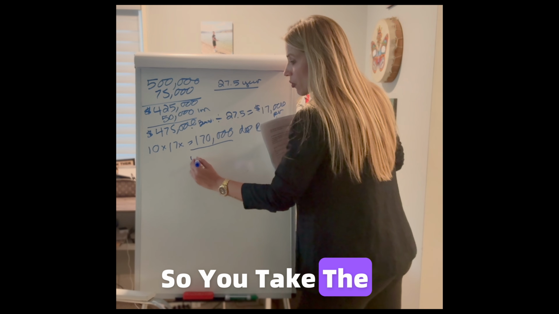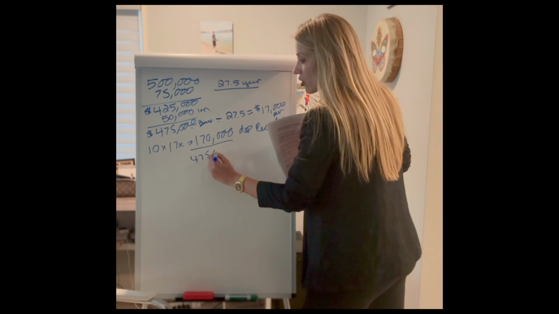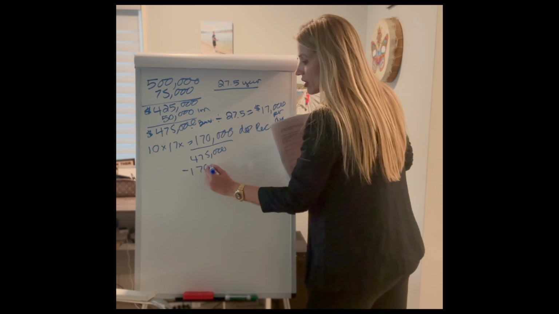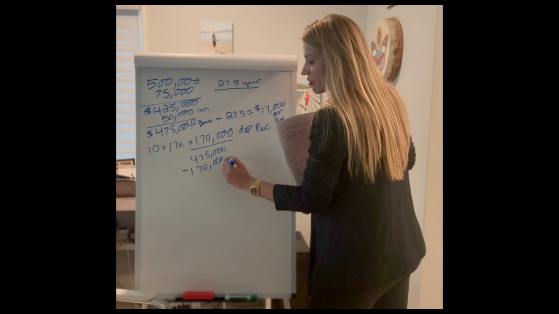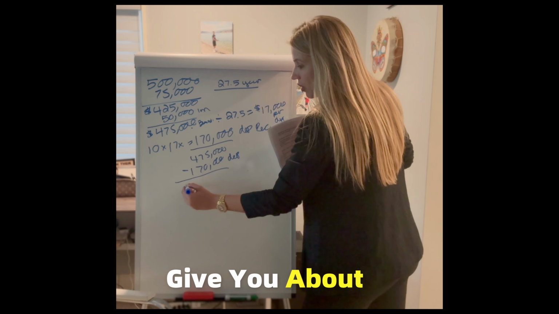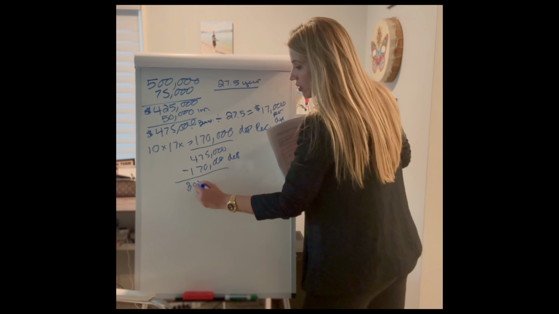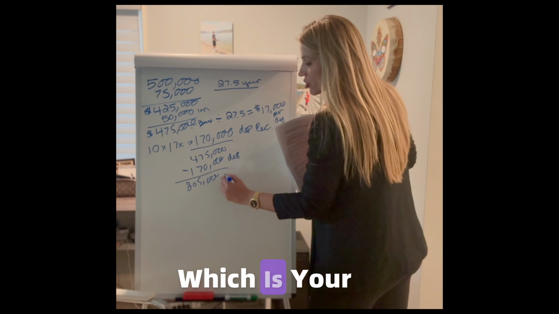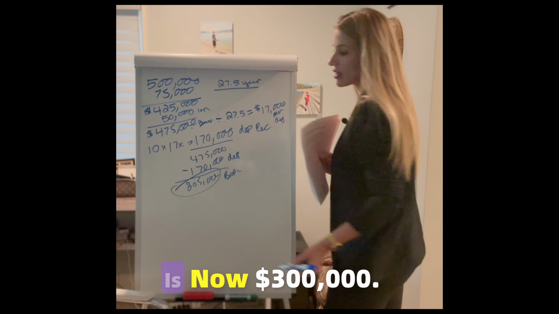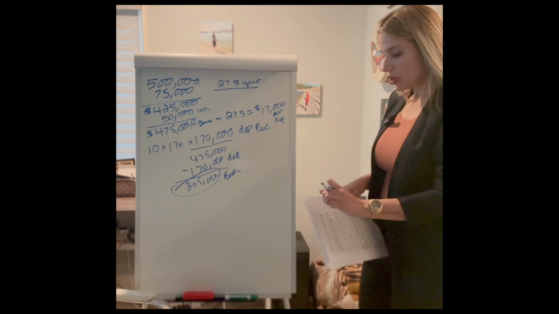So you take the $475,000 basis and you minus the $170,000 of depreciation, and that's going to give you about $305,000, which is your new basis. Okay? Your new basis is now $300,000.